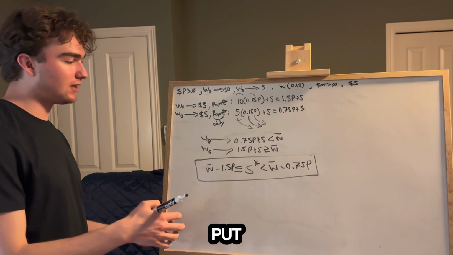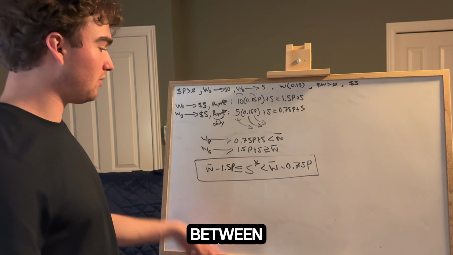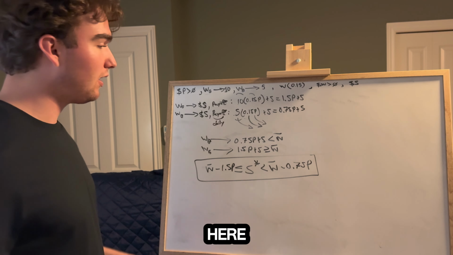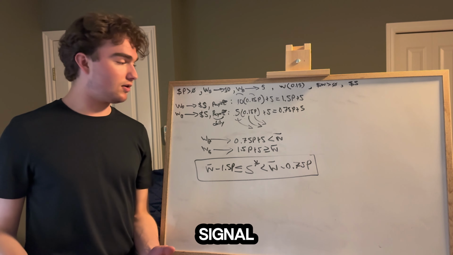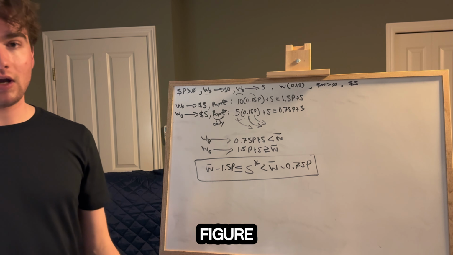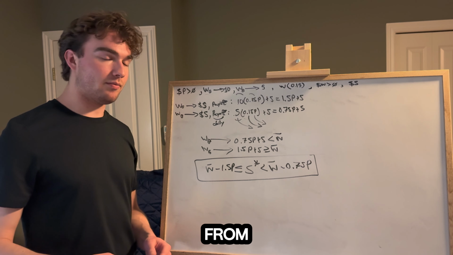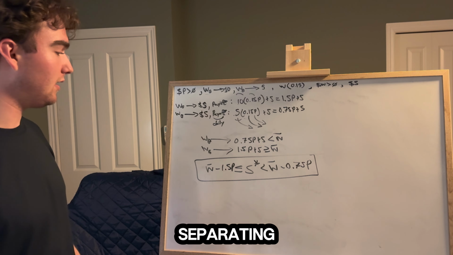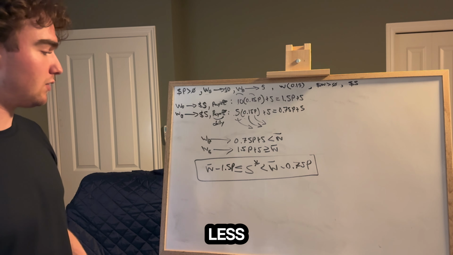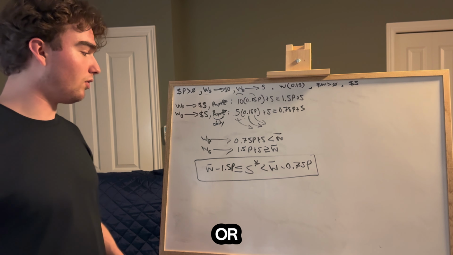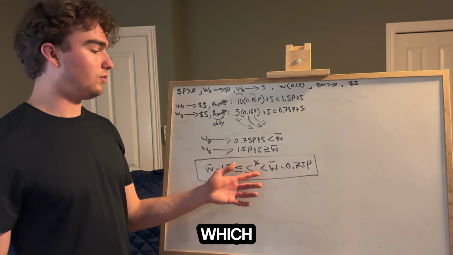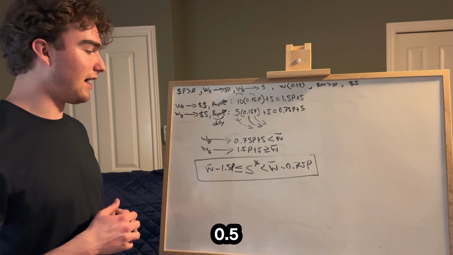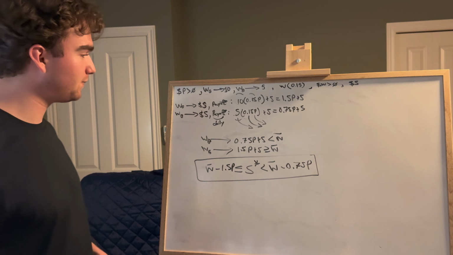So if we put our screening right in between in such a way, like we did here, then we're able to signal, or we're able to distinguish good and bad workers with this separating equilibrium, where W bar less 1.5p is less or equal than S star, which is less than W bar less 0.75p.